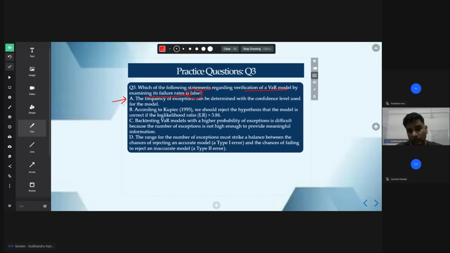Next is option B. According to Kupiec 1995, we should reject the hypothesis that the model is correct if the log likelihood ratio LR is greater than 3.84.